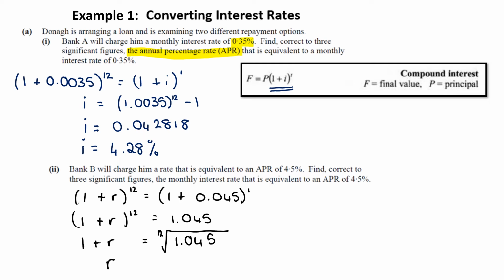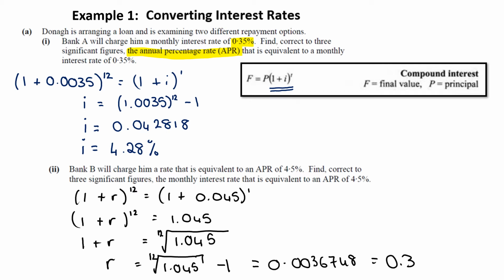And I will, again, try and avoid writing decimals for as long as I can. And that gives us 0.0036748, which is, in percentage terms, they said three significant figures, 0.367%.